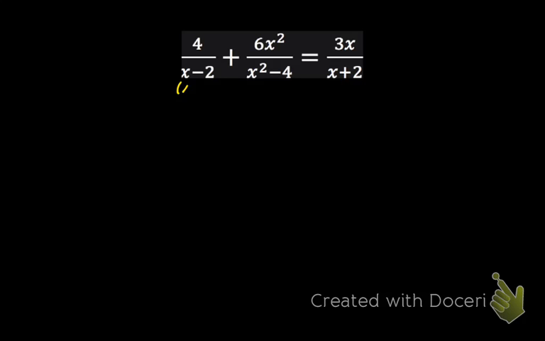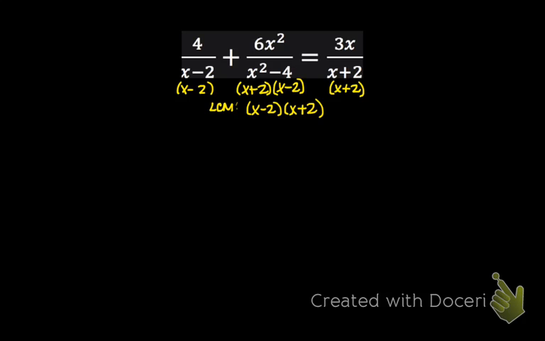So for this one, x minus 2 is all I can get from that one. This one's a difference of squares, so we have x plus 2 and x minus 2. This one has an x plus 2. If I take one of everything from any of those lists, our least common multiple is going to be x minus 2, x plus 2. Okay, because I've got just a little bit of everything there.